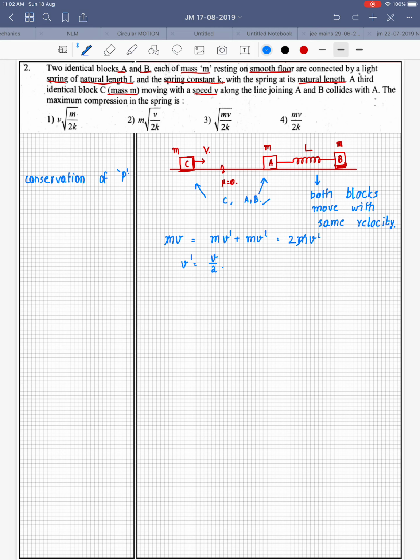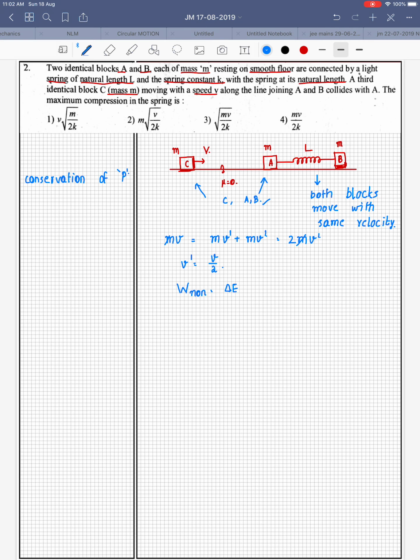Now, if you take W non equals delta E, we identify that because there is no friction, the only forces acting are gravity and the normal reaction in the upward direction, which does not do any work.